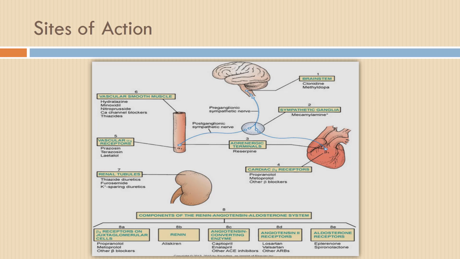Some medications reduce preload, which is the amount of blood entering the ventricles. Others will decrease afterload, the amount of resistance as blood leaves the heart. Whatever the medication, clients need to also make lifestyle changes to control their hypertension.